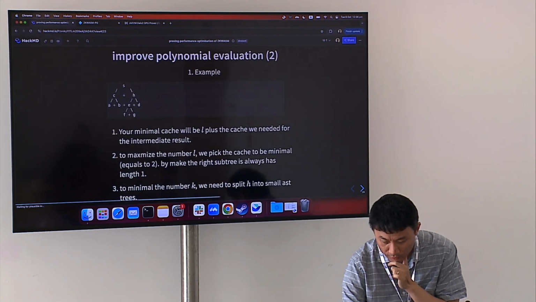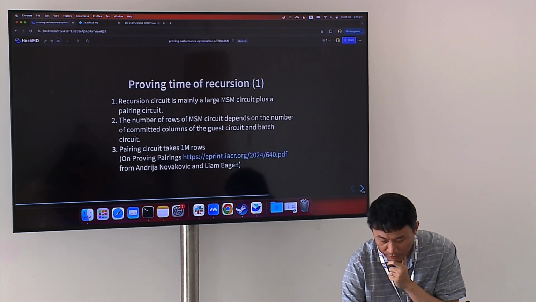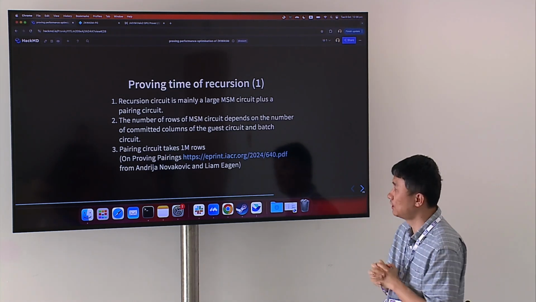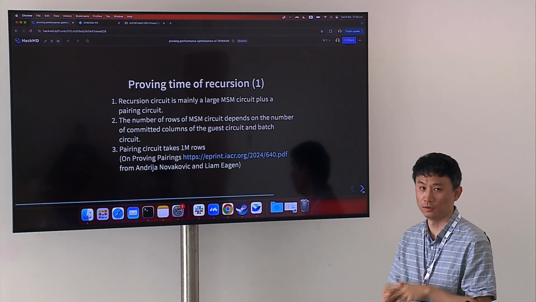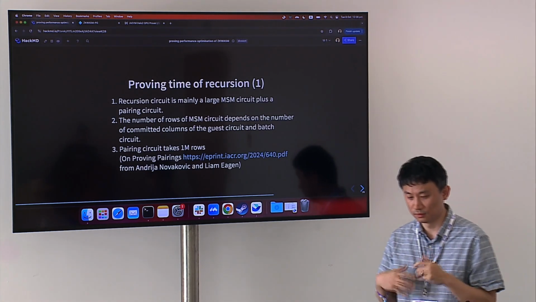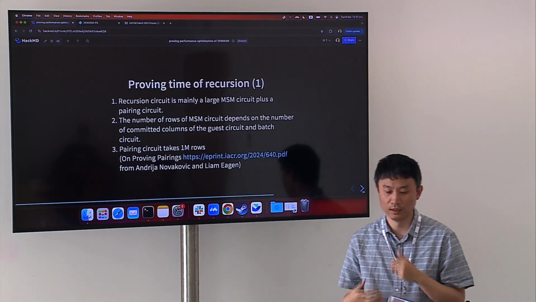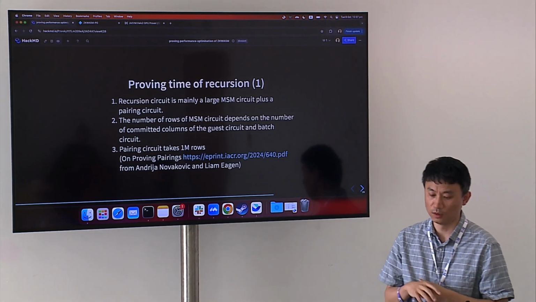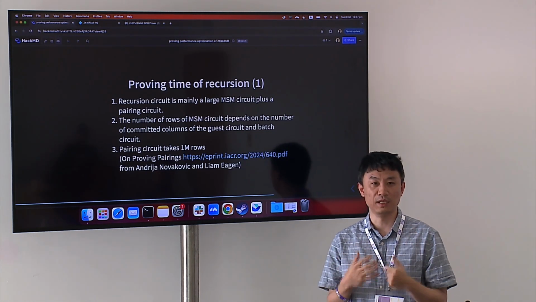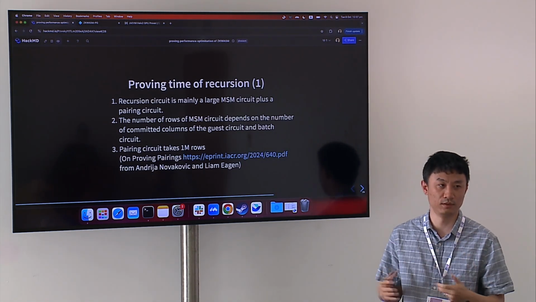And now for the aggregator, for the recursion. Because recursion is a large chunk of MSM circuits plus Pairing circuits, and the recursion uses CRT to simulate the field, which means the 64-bit MSM does not work in recursion, right?